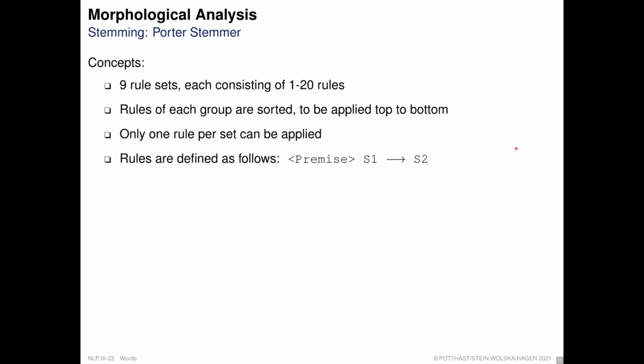It operates on a set of rule sets actually, each of which consists of several rules grouped according to principles, what their function is in relation to given cases of affixes. And these rules are sorted and applied in order.